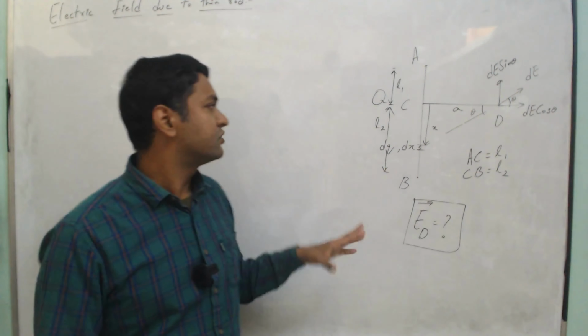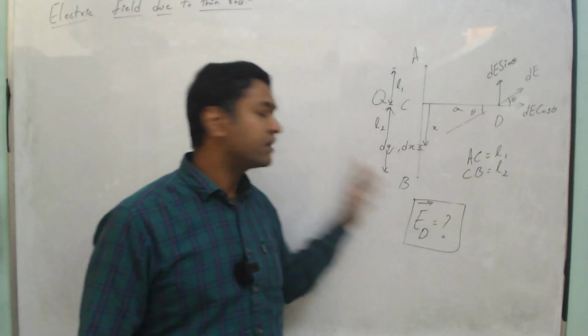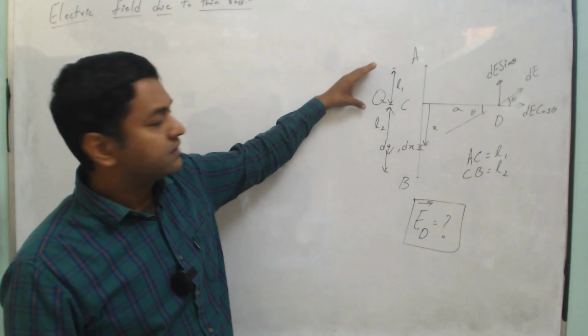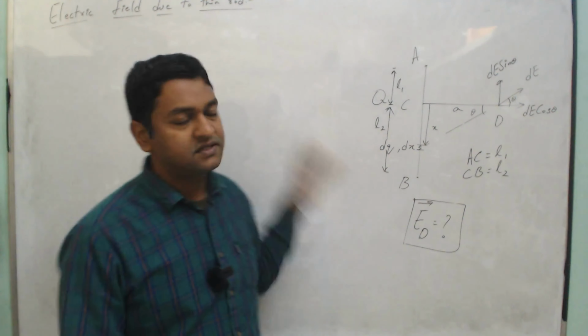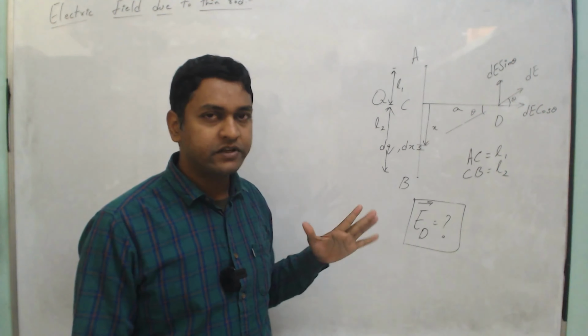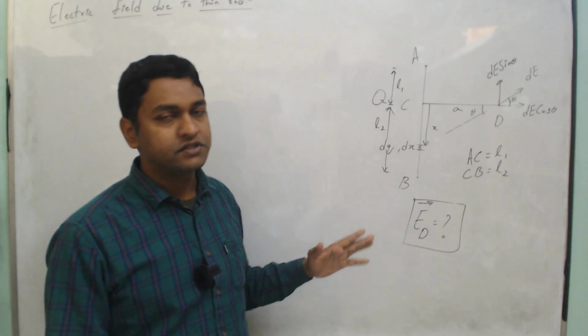It is given that the total charge on the entire rod AB is capital Q, the length AC is L1, and the length CB is L2. Clear? So this is our question.